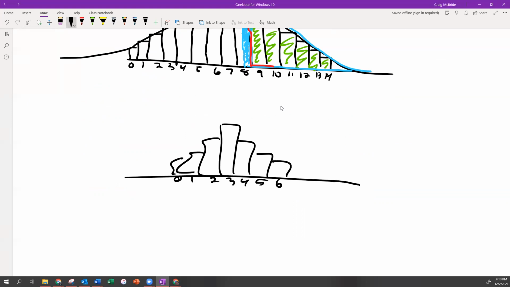Let's say you wanted to find, again, with a binomial, the probability that 2 is less than x is less than 6.